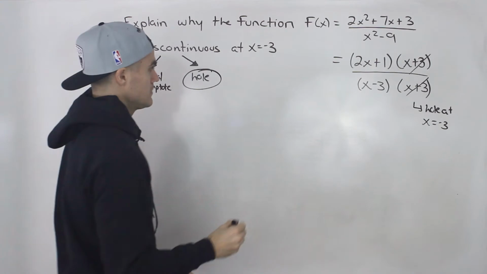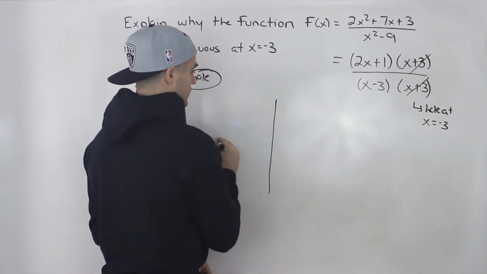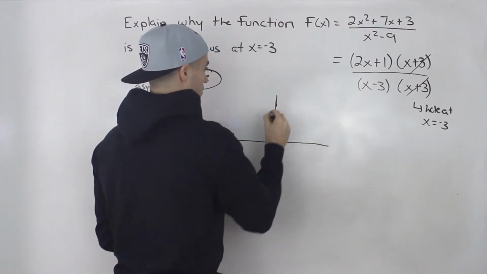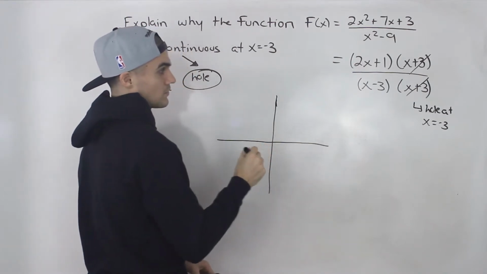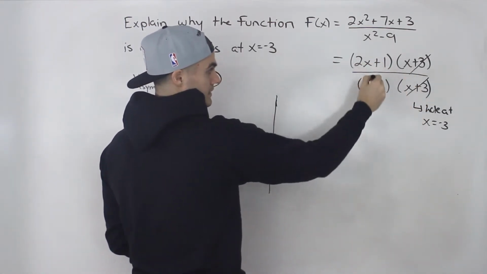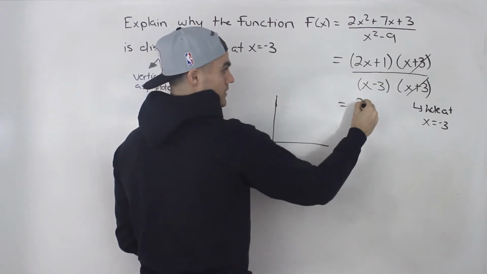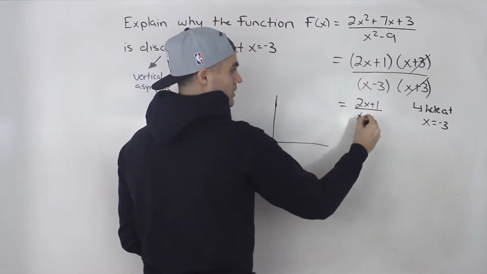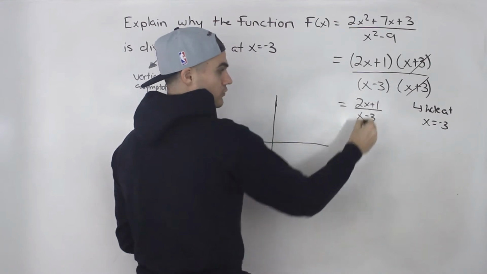But let me show you how this function is actually going to look graphically, just so you get a better visual. So there's a hole at negative 3. Notice we can't cancel anything else out, so we're just left with 2x plus 1 over x minus 3. That's just a linear over linear function.